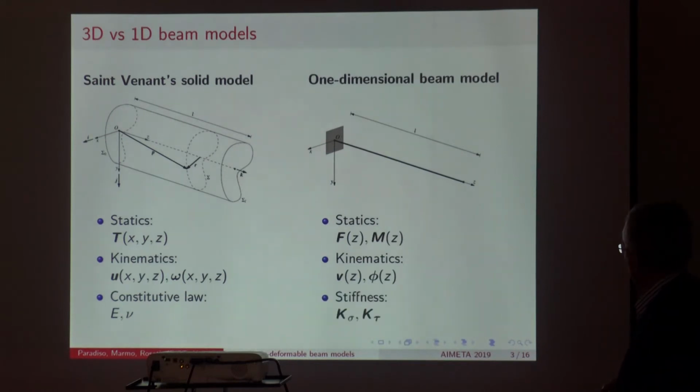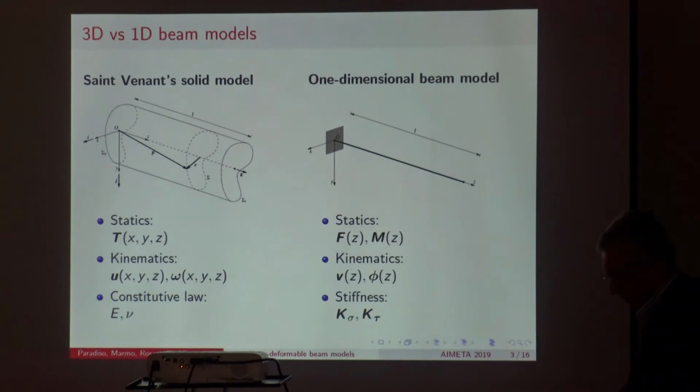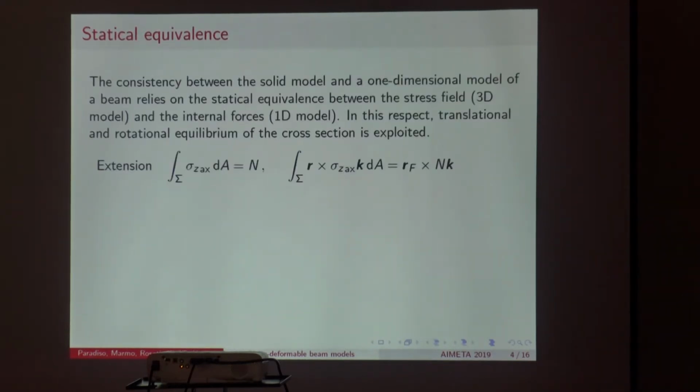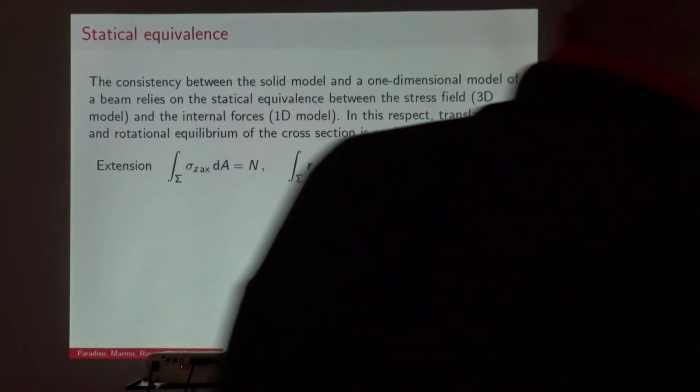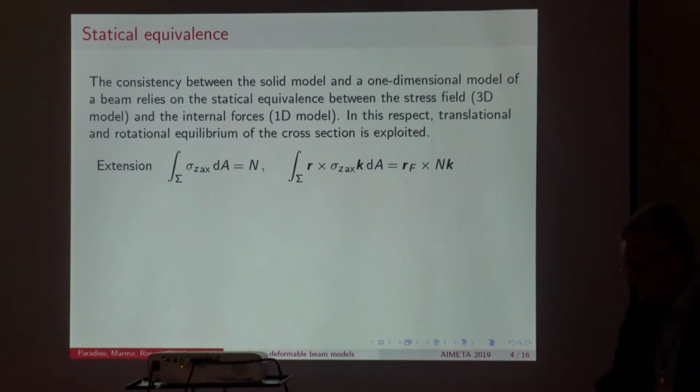You have the constitutive law and the stiffnesses in the one-dimensional beam model. From the statical point of view, there is consistency between the solid model and the one-dimensional model in terms of internal stresses and internal forces.